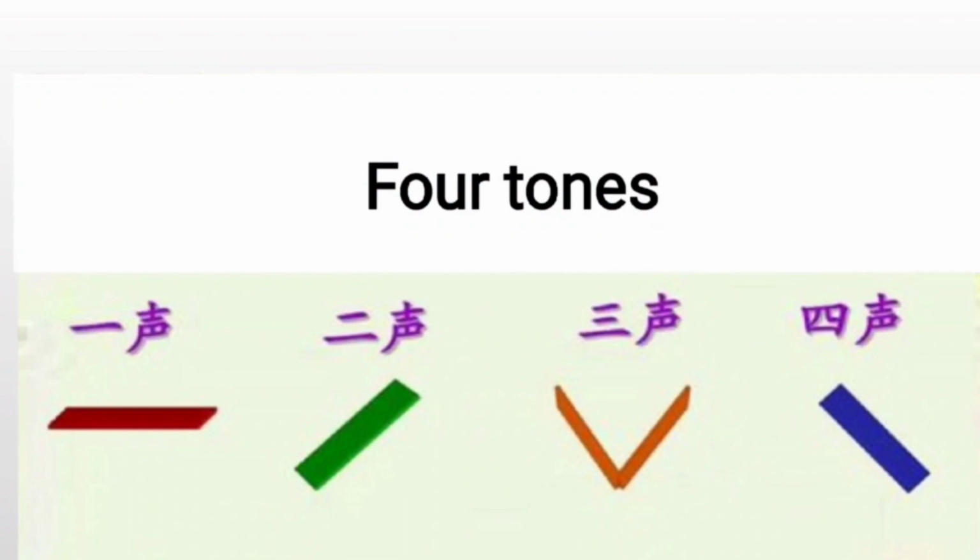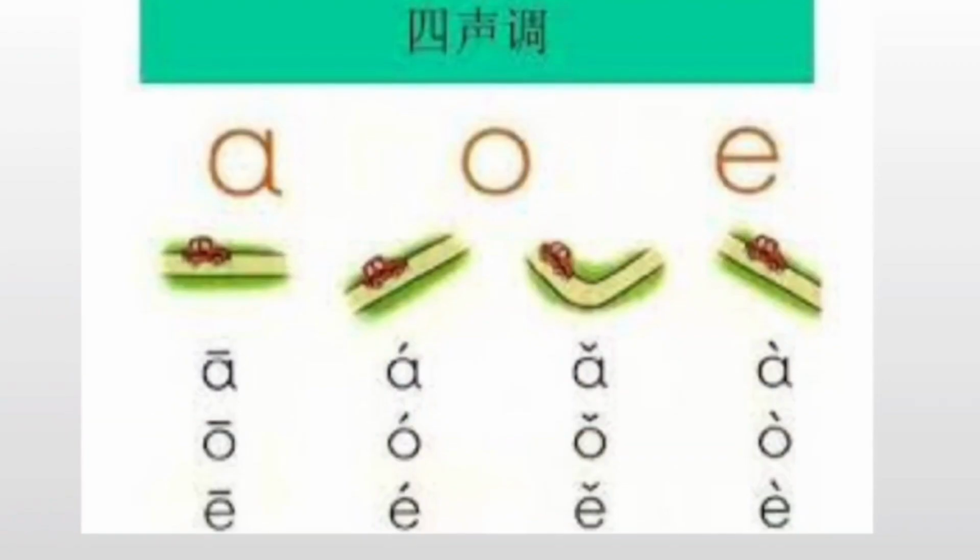Now let's take a look at the tones. You may have heard that Chinese has 4 tones that you have to make. So the first, second, third, and fourth. That's how the little line shows how they go. I'll just give you an example. Like a, wo. If you can practice these 4 tones for the 3 letters, that would be great. But don't feel stressed if you can't. That will take time. Just keep practicing. Let's have a look at the first line.